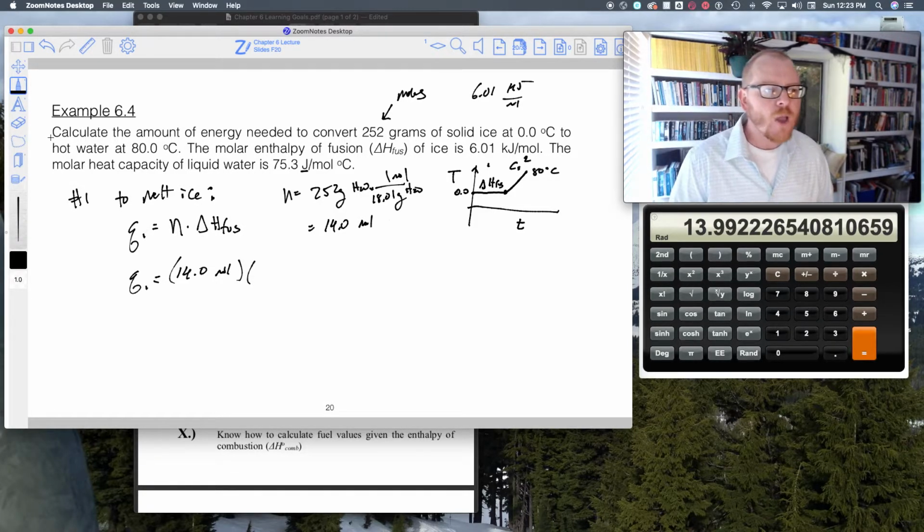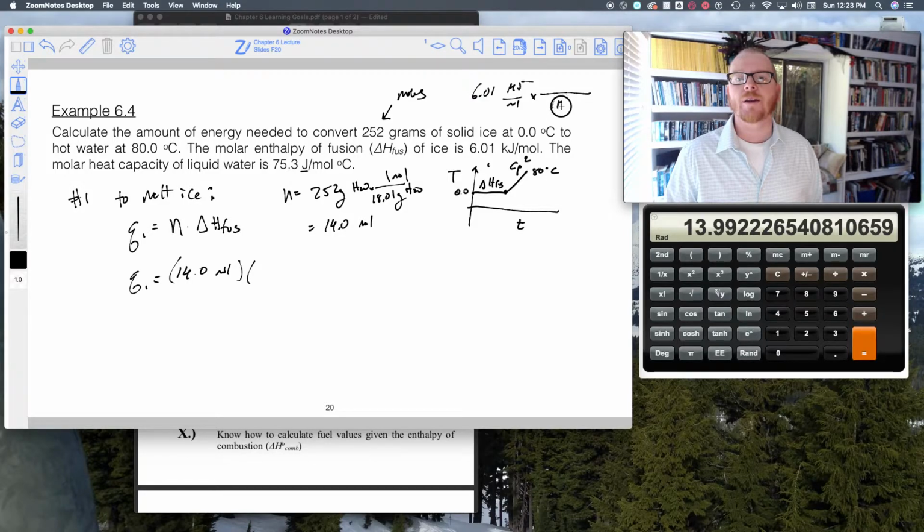Oh, and actually I wrote CS on this little diagram, but because we just converted to moles, we're going to use CP. So I know 1 kilojoule is 1,000 joules. So that quantity is 6010 joules per mole.